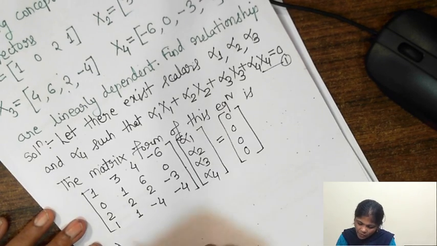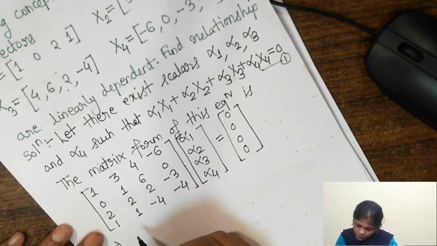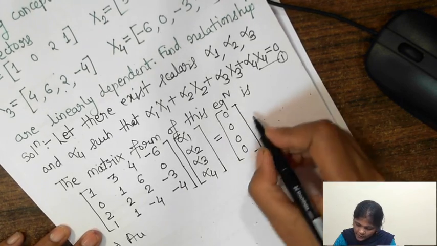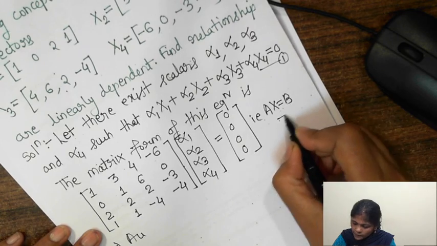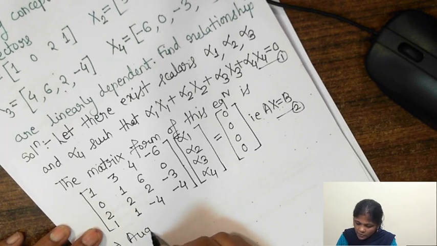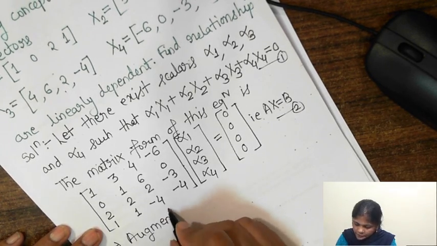This implies we will form the augmented matrix. This is nothing but Ax is equal to B. Let us form the augmented matrix.